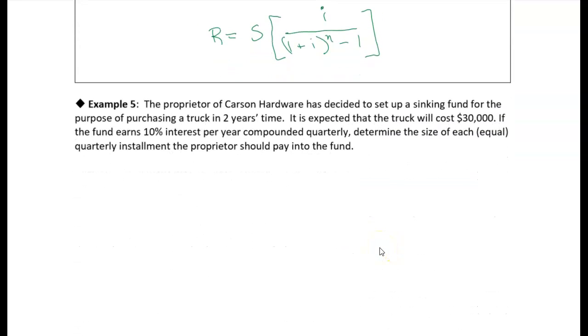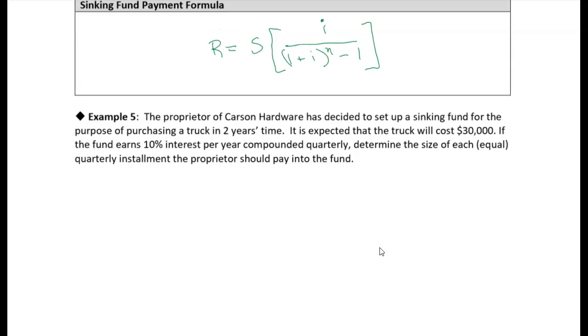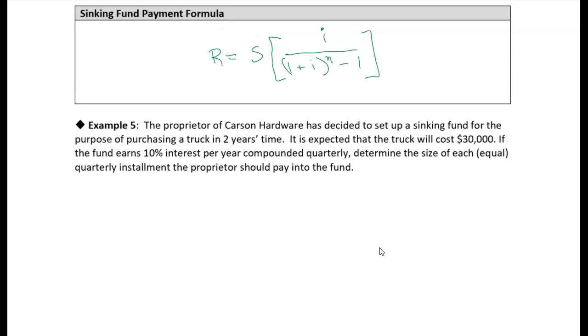We already did an example with John and his car savings, but in this one, it says the proprietor of Carson Hardware has decided to set up a sinking fund for the purpose of purchasing a truck in 2 years' time. It is expected that the truck will cost $30,000 if the fund earns 10% interest per year compounded quarterly.